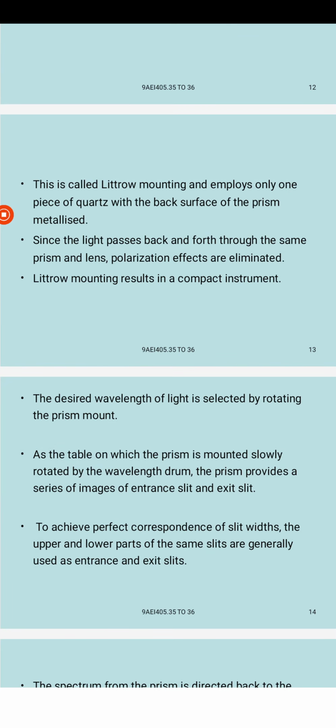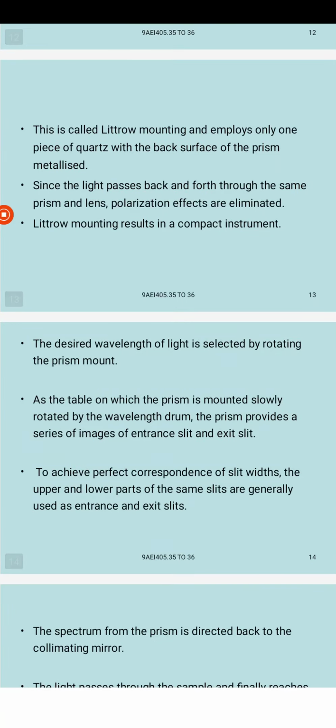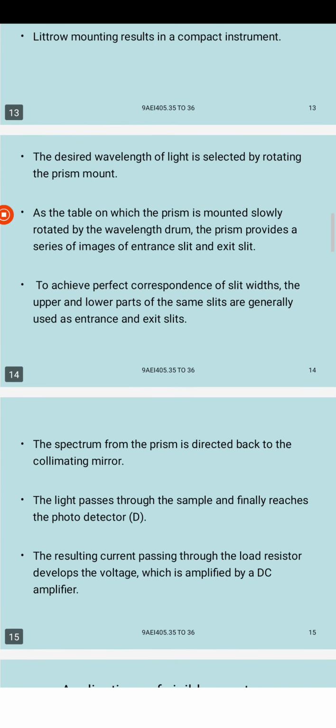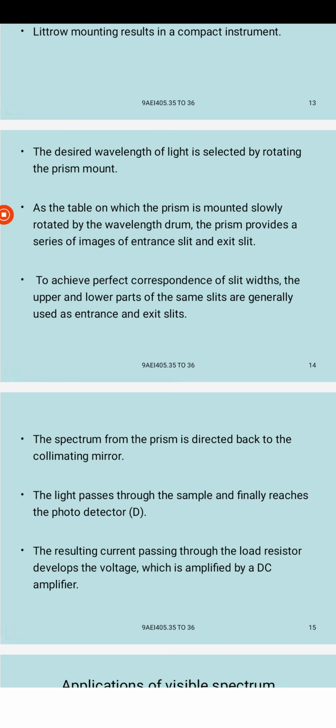This is called Littrow mounting and employs only one piece of quartz with the back surface of the prism metallized. Since the light passes back and forth through the same prism and lens, polarizing effects are eliminated. Littrow mounting results in a compact instrument. The desired wavelength of light is selected by rotating the prism mount.